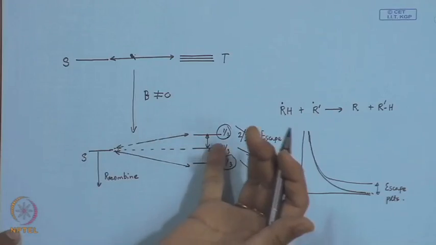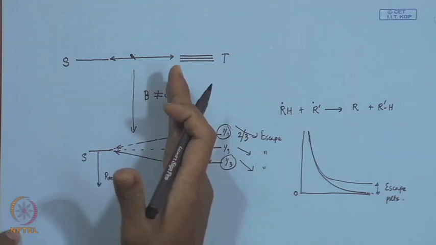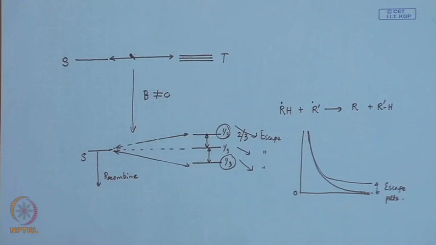But if it is triplet born, it will not recombine immediately after its birth. It will have to recombine by transferring from the triplet state to the singlet. So any hindrance in this path will reduce recombination.